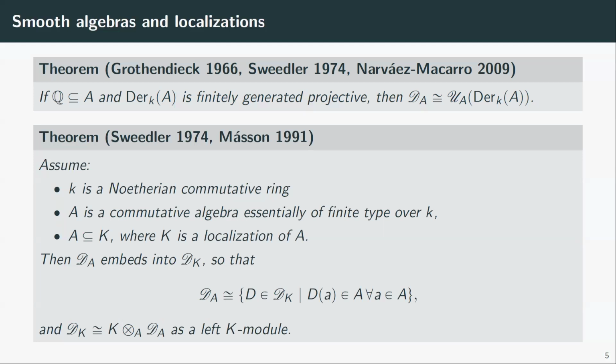Then if we use a localization of A, we can recover the differential operators of A by looking at those on K which restrict to A. And in this situation, the differential operators on the localization are obtained from dA by taking the tensor product. This is a property we will use a lot later on.